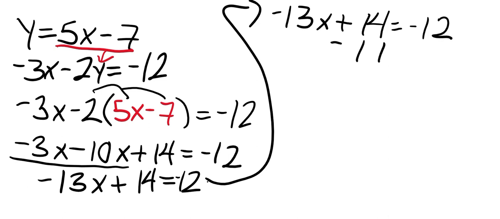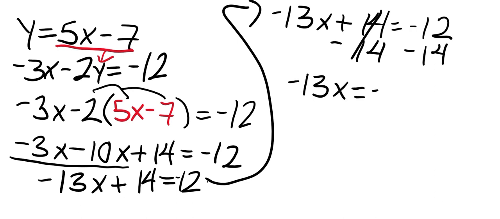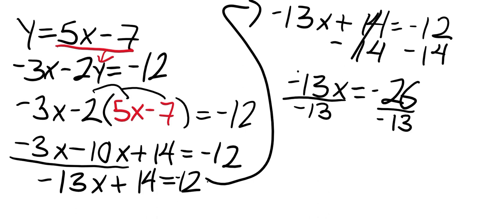We're going to subtract 14 on each side to get negative 13x equals negative 26. The last step to get x by itself is to divide by negative 13 on both sides to get x equals 2.